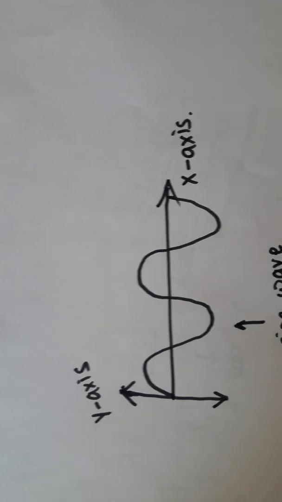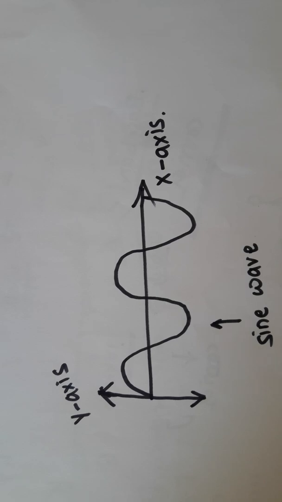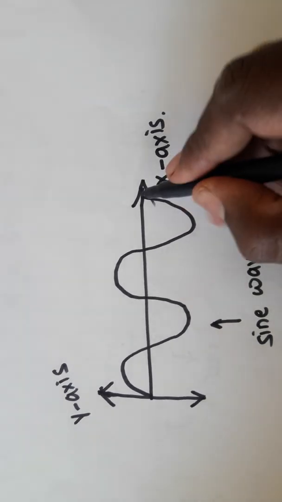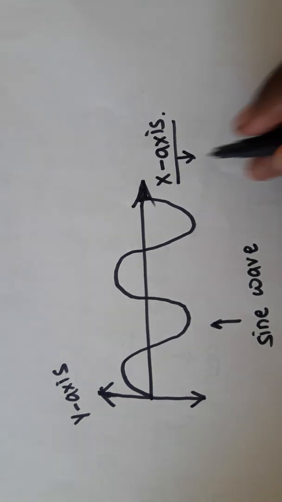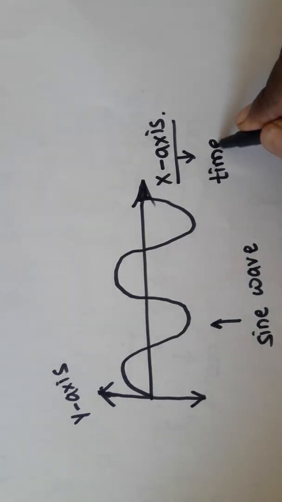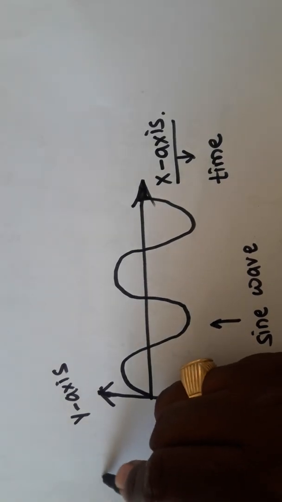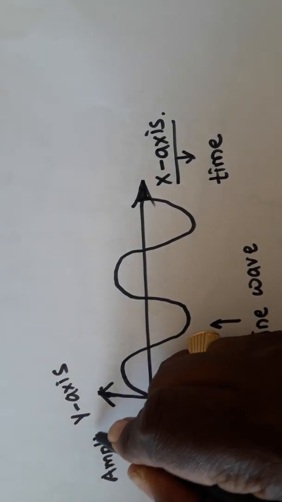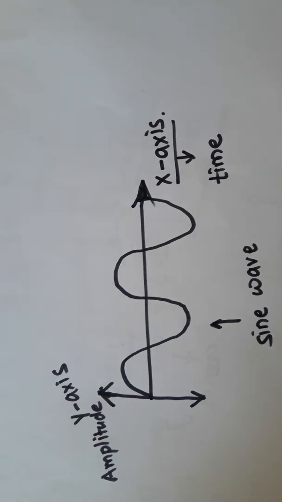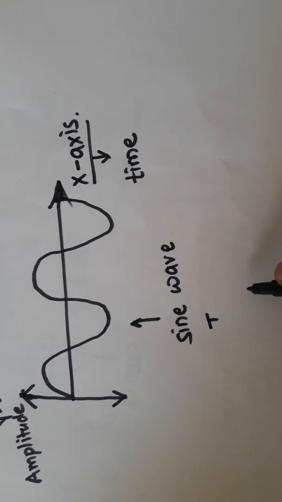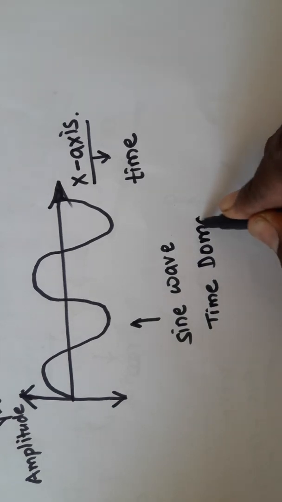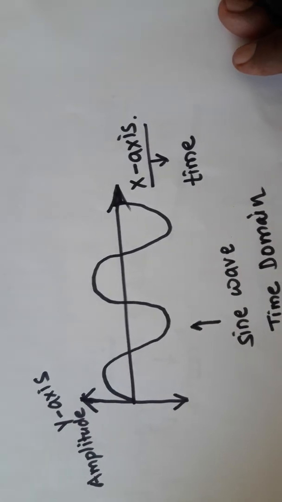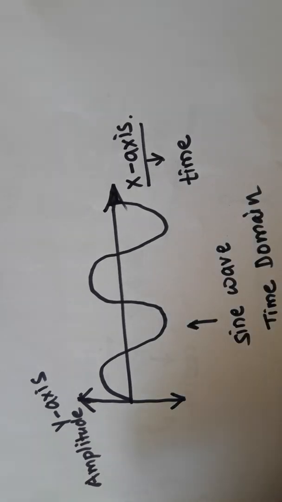At that time the x axis represents time and the y axis represents amplitude. Since the signal is in the time domain, it is also called a time domain signal. So in a time domain signal, the x axis represents time and the y axis represents amplitude.